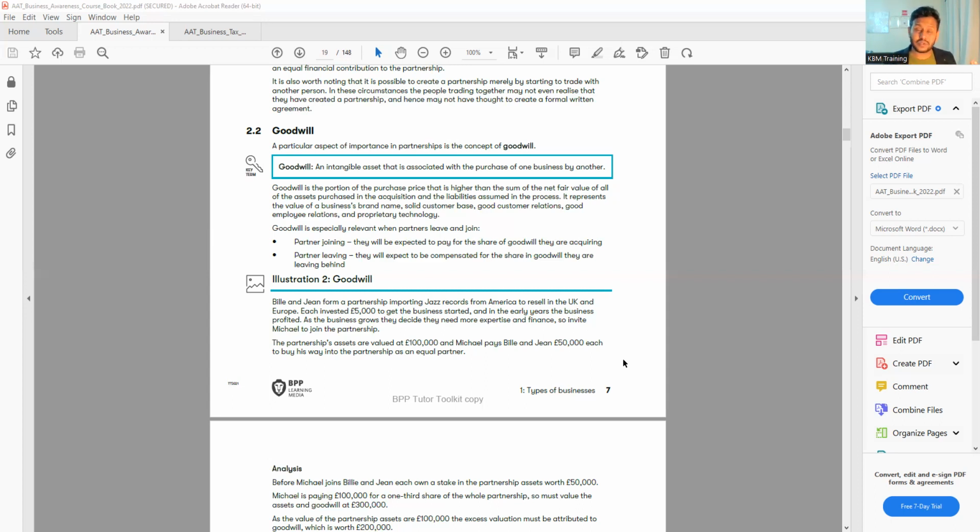Now, if you decide to sell this business to someone, and that person said, listen, how much have you invested when you started this business? And you said, I invested £15,000 12 years before. And they said, okay, fair enough, if you invested 15,000 12 years before and it is old now, so I will still give you 15.